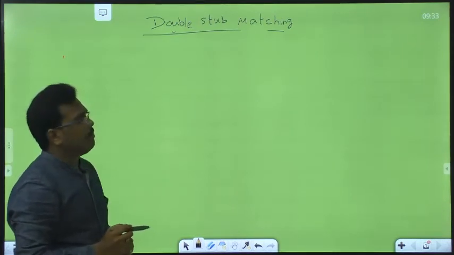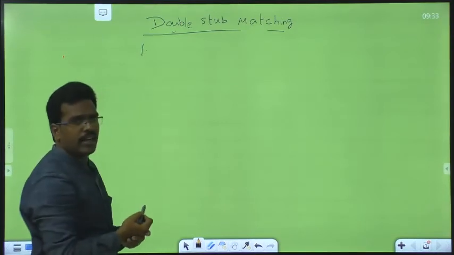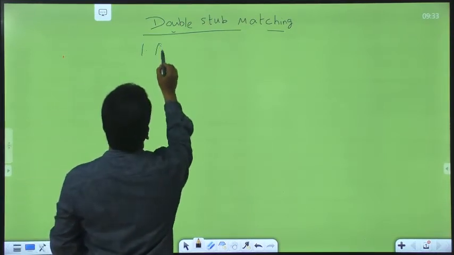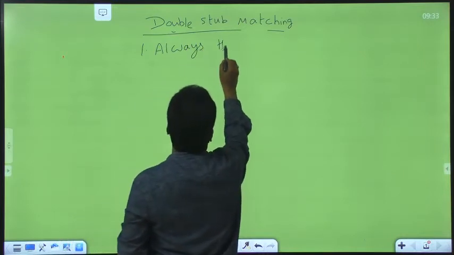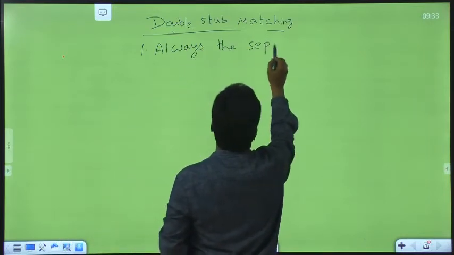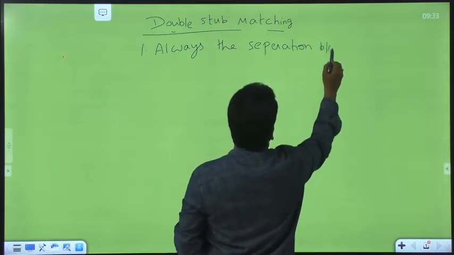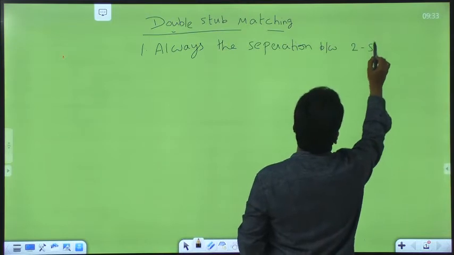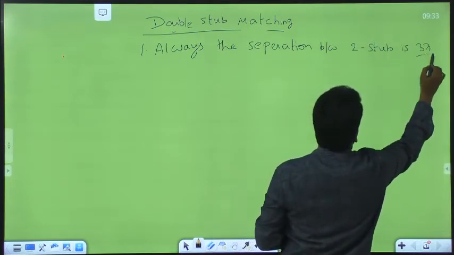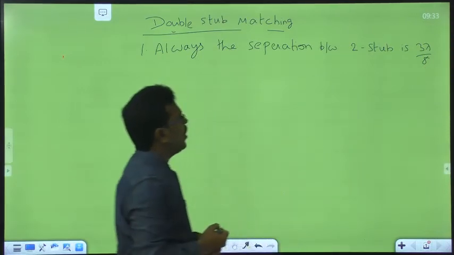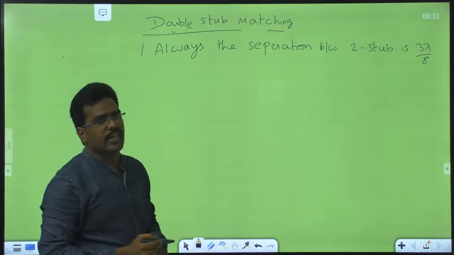In the double stub matching technique, always the separation between the two stubs is 3 lambda by 8.